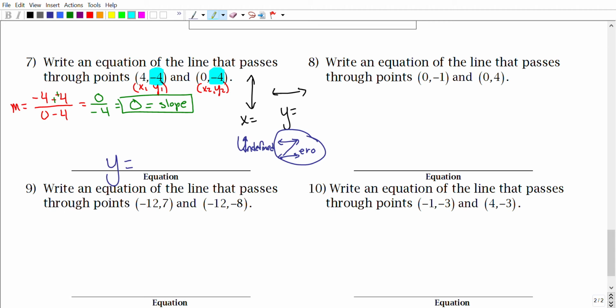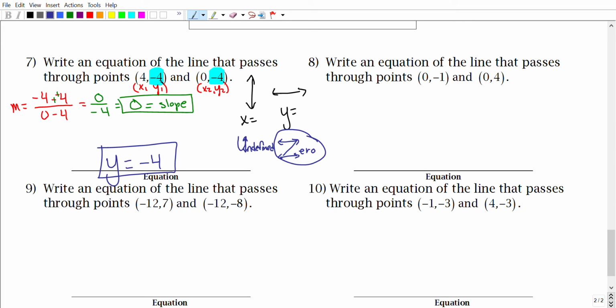And we make that clear right in this particular problem. The -4's never change, meaning that my y equals equation has to be y equals -4.